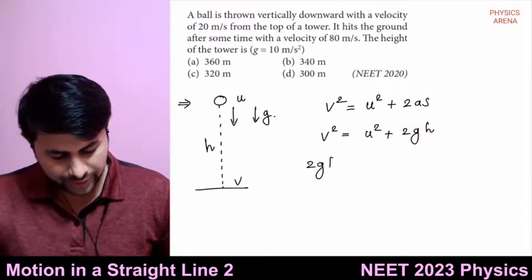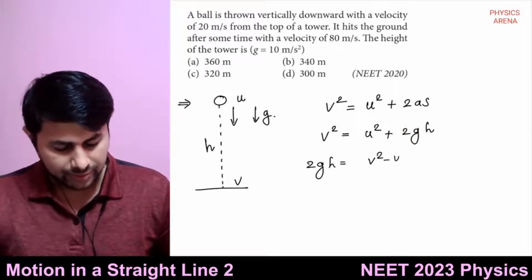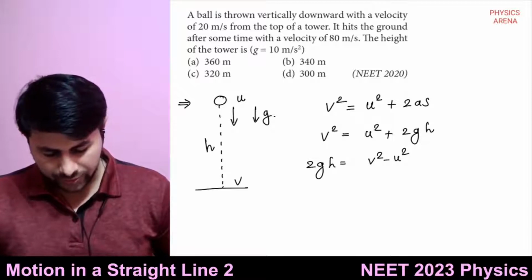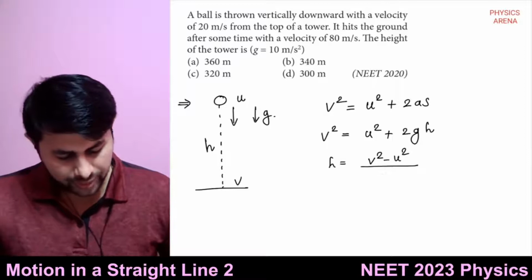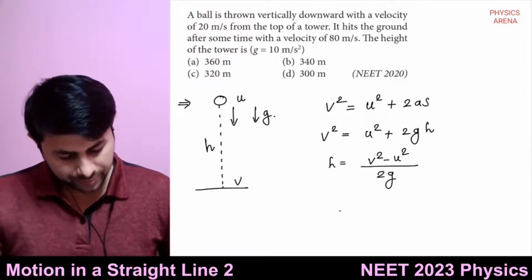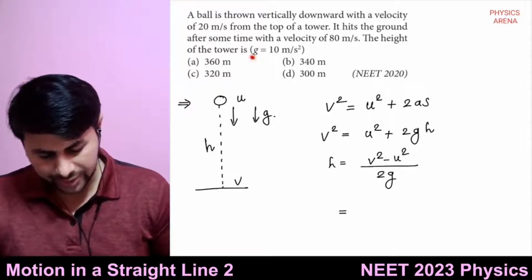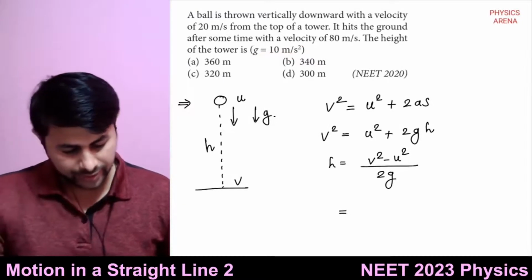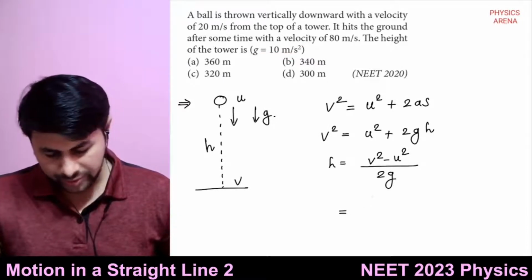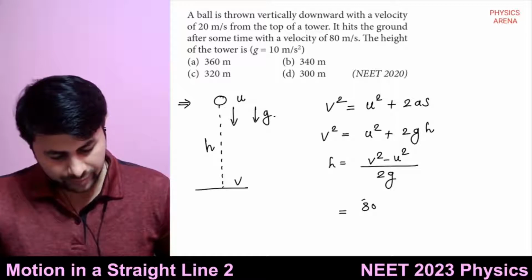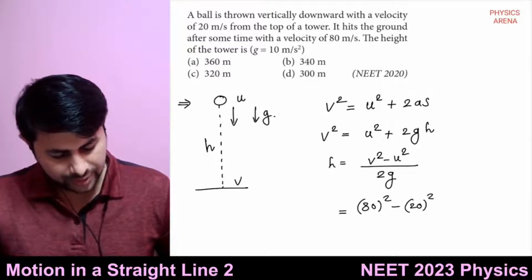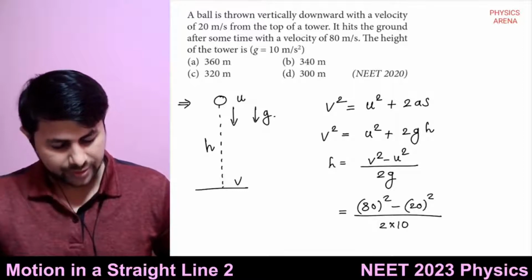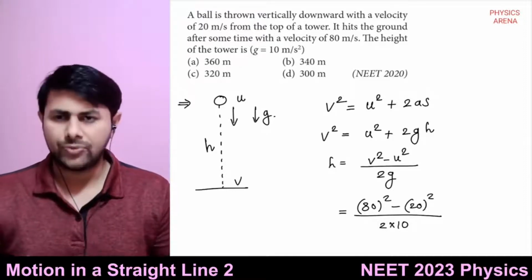So h is equal to v square minus u square divided by 2g, and it's given that g is equal to 10 meters per second squared. So it is 80 square minus 20 square divided by 2 times 10. So tell me, what would be the answer?